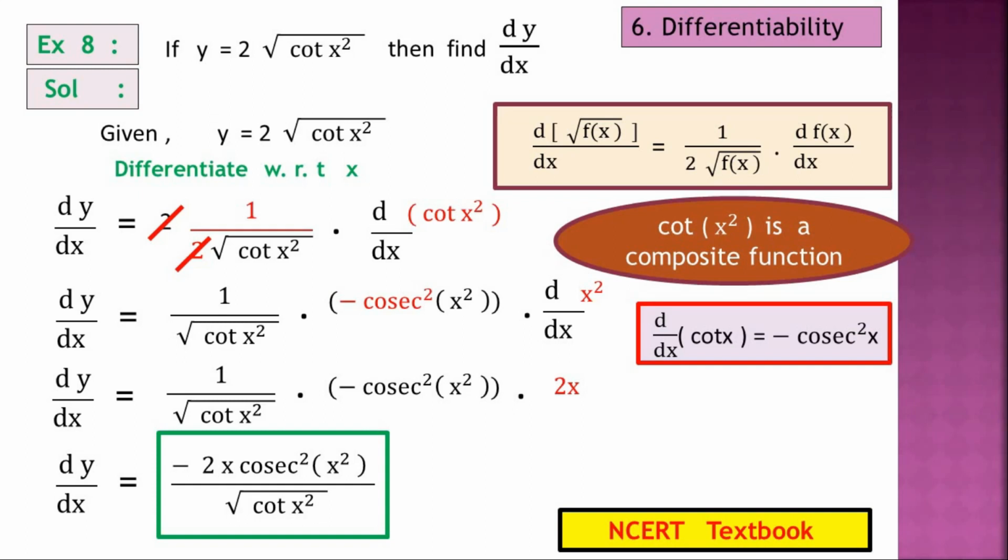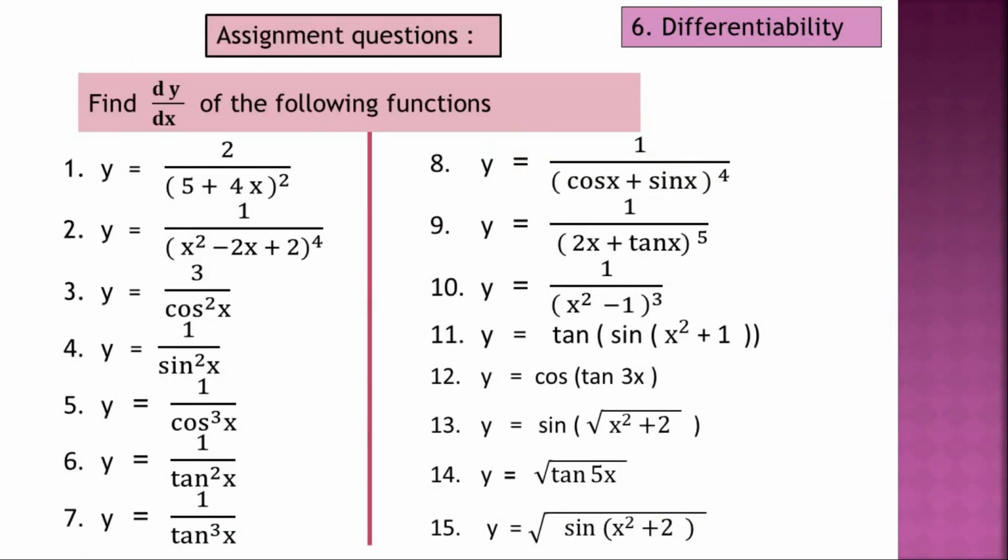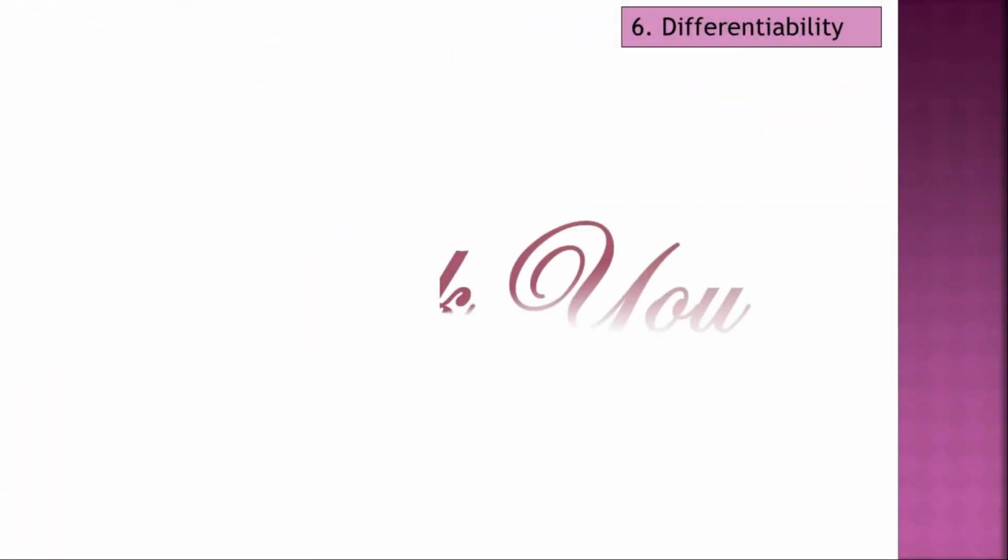I hope you understood how to write the derivative for a composite function of three functions. And dear students, note down 15 examples and try to write the derivative for these 15 problems. Thank you all.